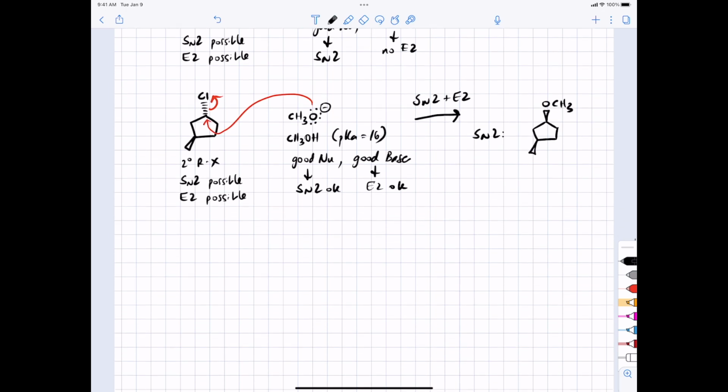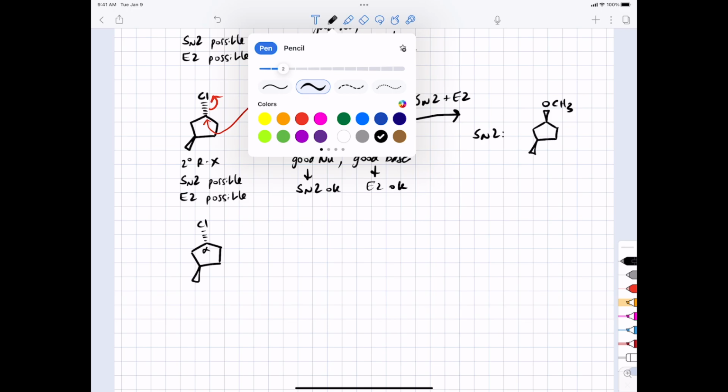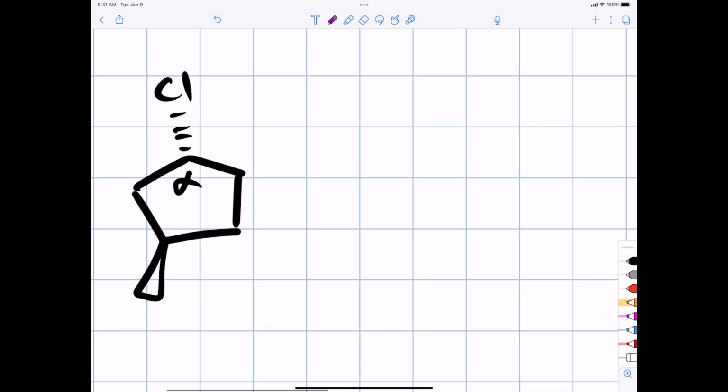Now, for the elimination products, we need to look for any beta protons that can line up with and be anti to the leaving group. So we'll call this beta proton 1, beta carbon 1 with HA and HB.